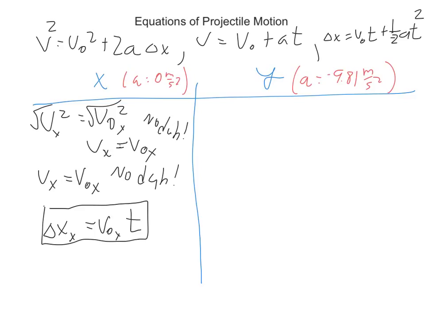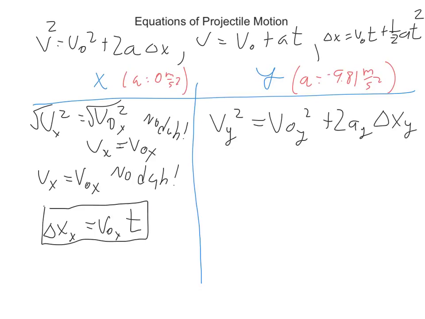All right, let's switch gears and look at the y direction. This is going to be a little more interesting. Turns out all three equations get to stay. Every last one of them.